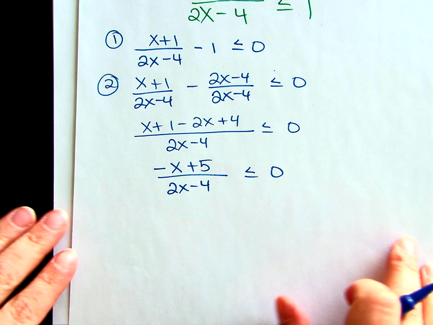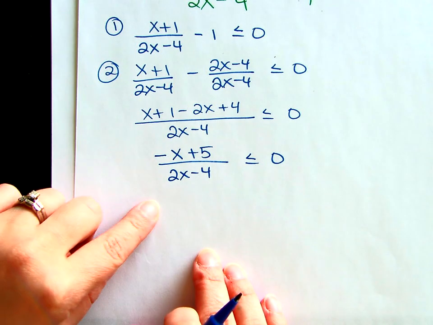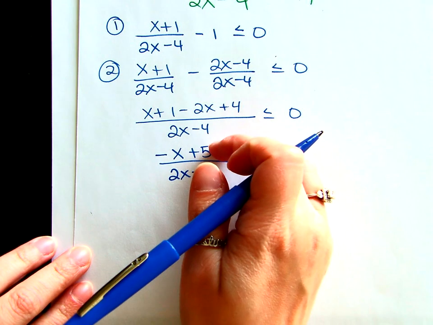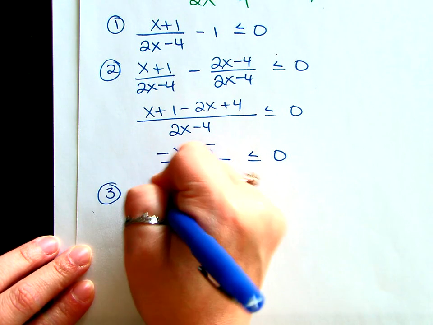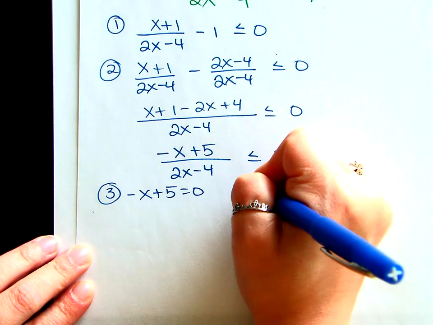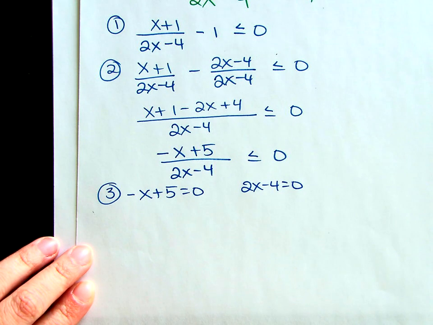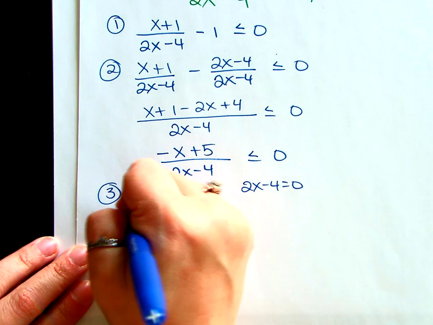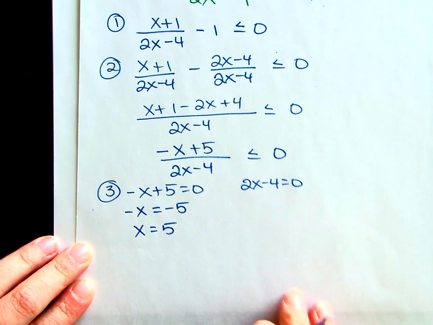Because now that I have it written where there's one rational inequality, I'm going to split my numerator and my denominator so I can find my boundary points, to where I have -x plus 5 equals 0 and 2x minus 4 equals 0. And I'm going to figure out where those are 0 at.